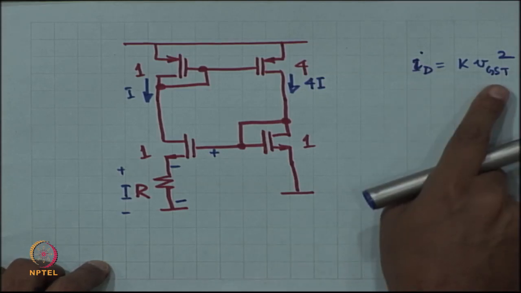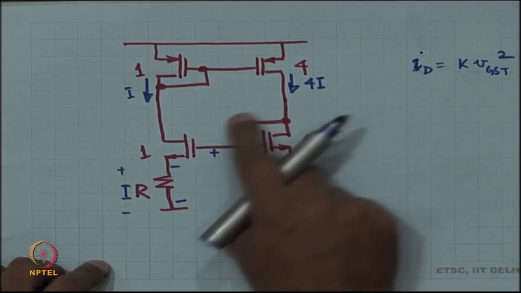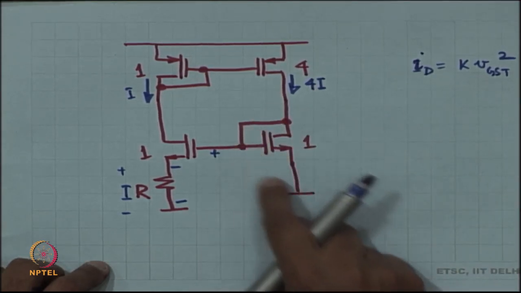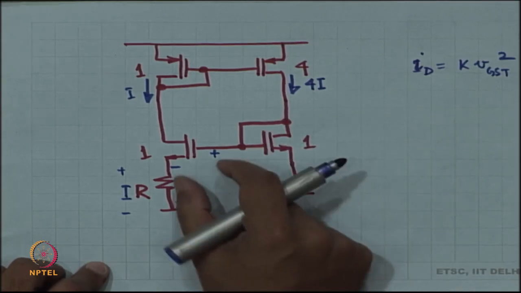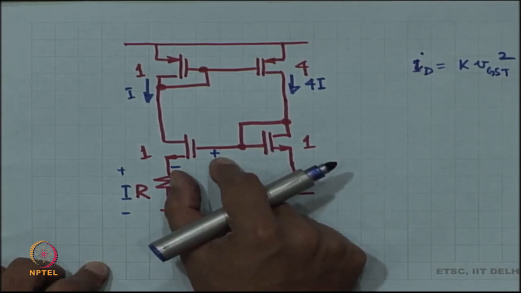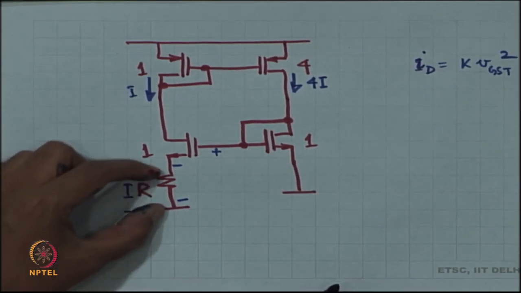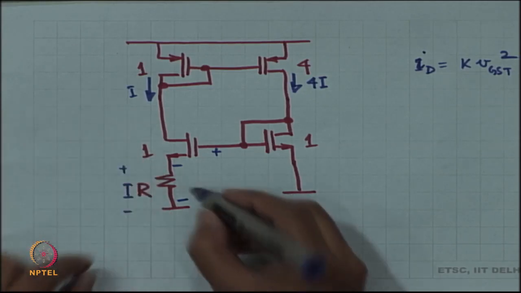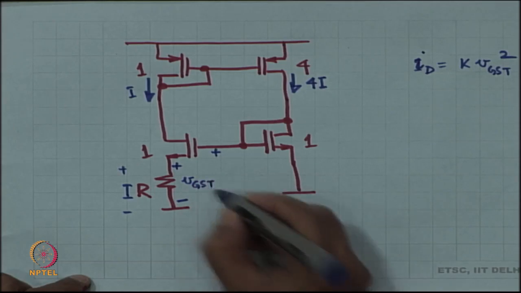So, if I is 4 times, then VGST is 2 times. So, the requisite VGS is 2 times the VGST plus VT, and here I have got only VGST plus VT, which means that the remaining VGST is over here. So, this is just a VGST for I.